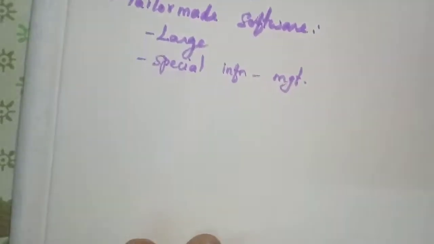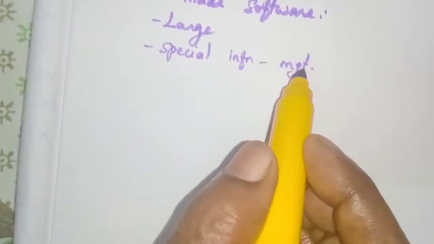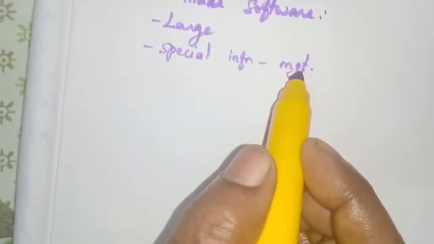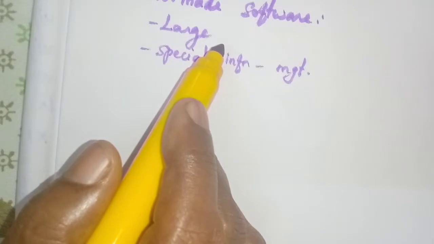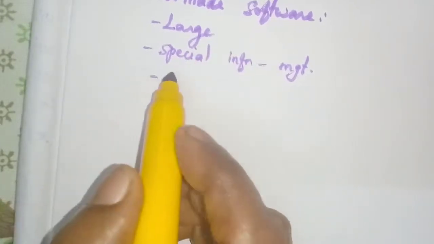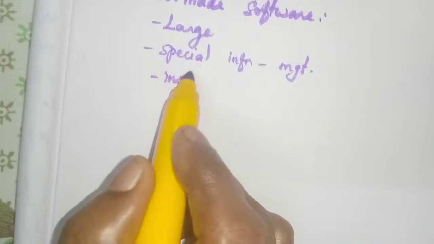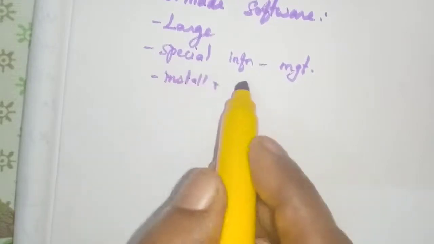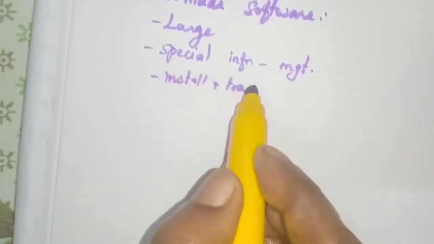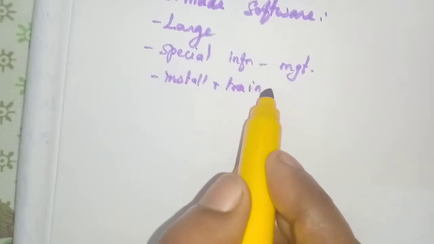Okay, the management needs some special information in order to do their management functions effectively. So this type of organization can use only this tailor-made software but not the ready-made and the customized software. Here, the installation cost and the training for the use of this software will be very high.